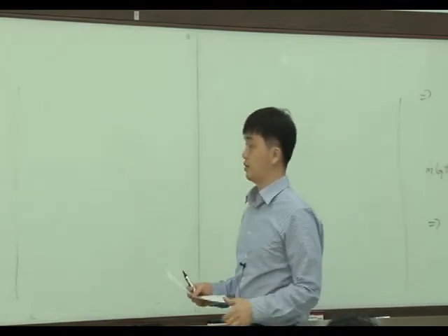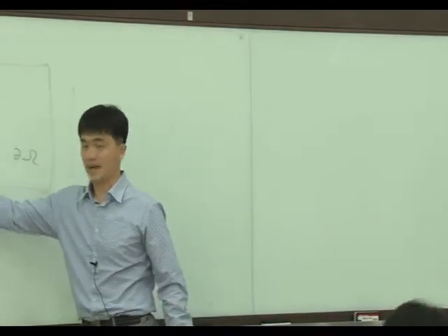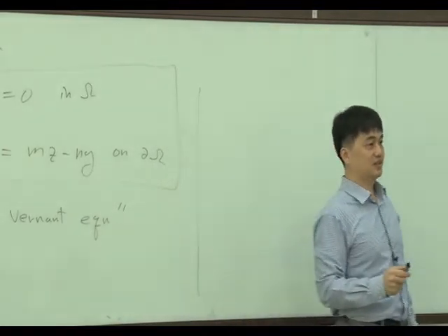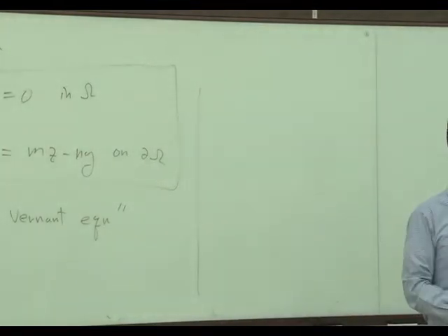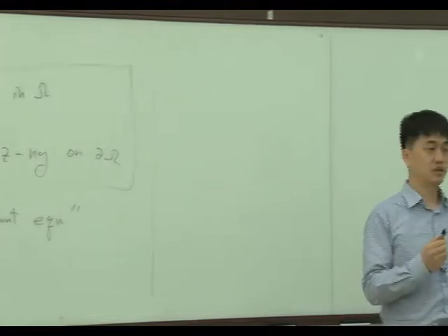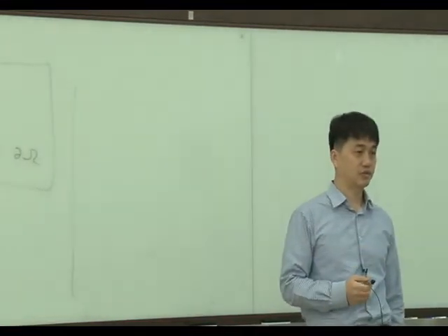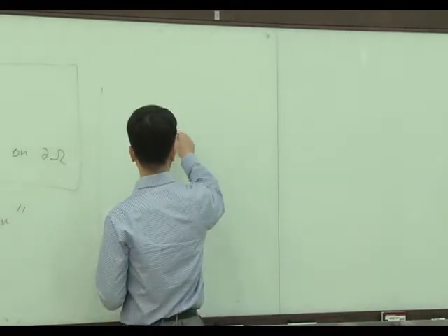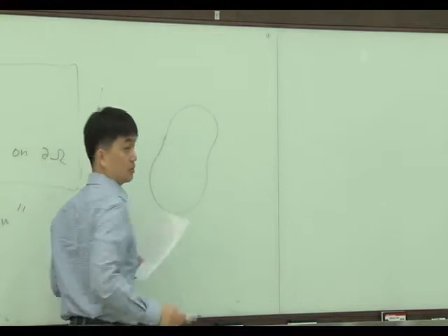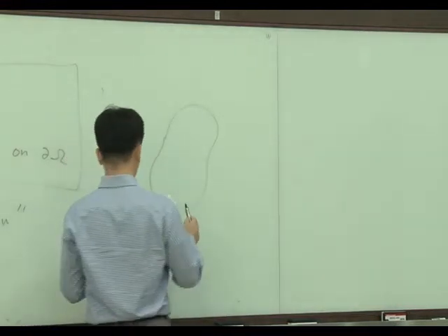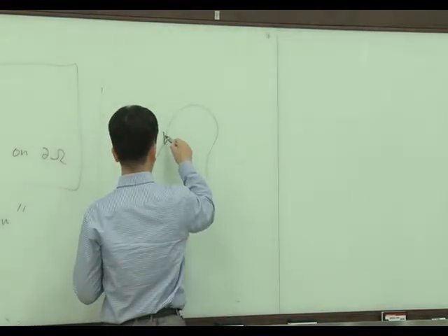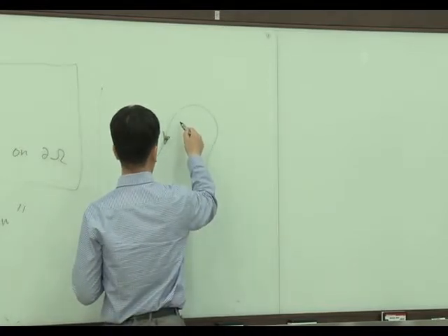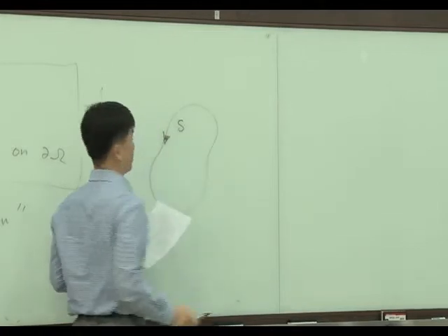Now let me talk about how to calculate the m and n. M and n determine the direction of the vector normal to the surface, right? So let's say this is a domain and let's define the coordinate s.